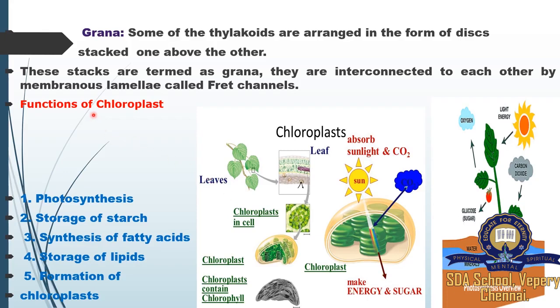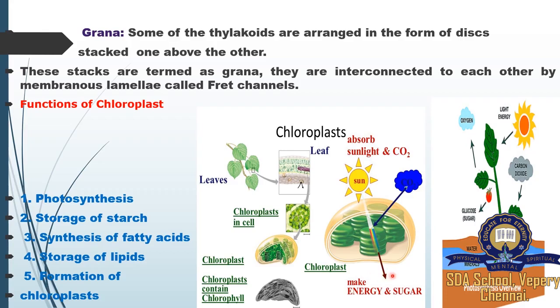Next, what are the functions of chloroplast? The main function of chloroplast is photosynthesis for the preparation of food, storage of starch, synthesis of fatty acids, storage of lipids, and formation of chloroplast.